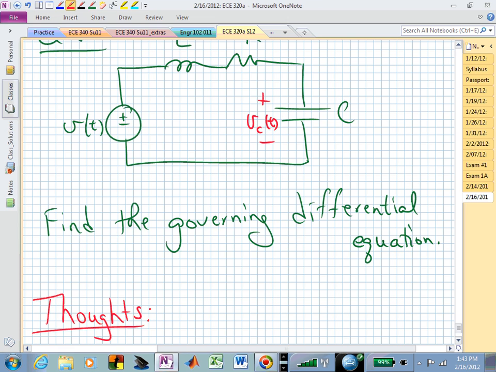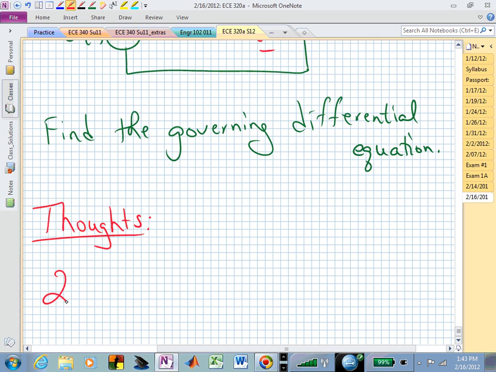Now, how would we go about doing that? So we have two energy storage devices.